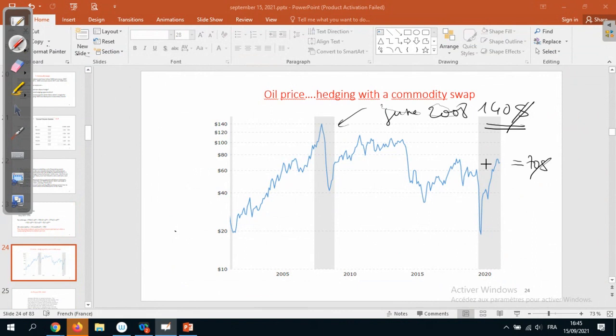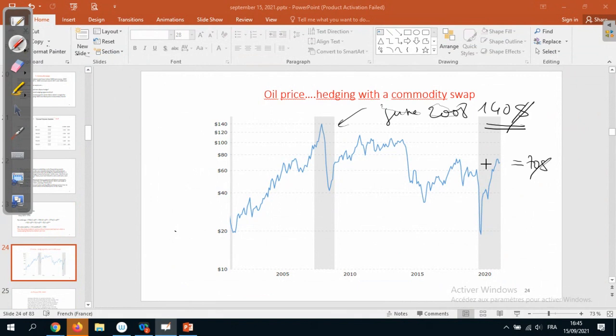So maybe we have to hedge our commodity risk. And one of the financial department said, we can make a swap, paying fixed price, receiving, I don't forget, receiving spot price.